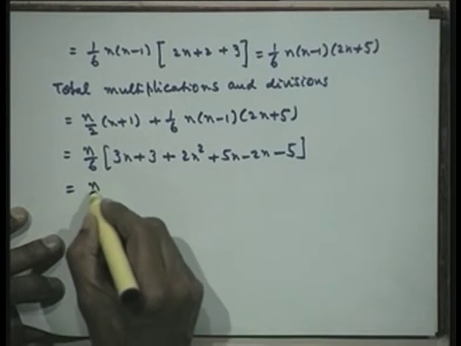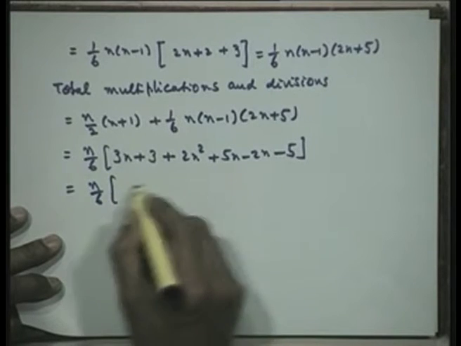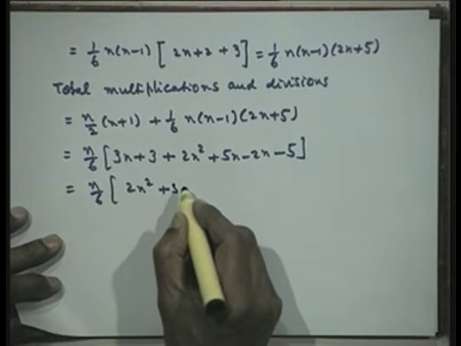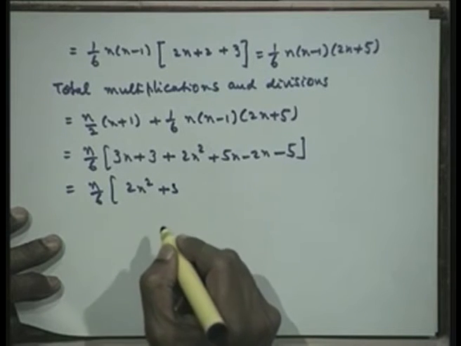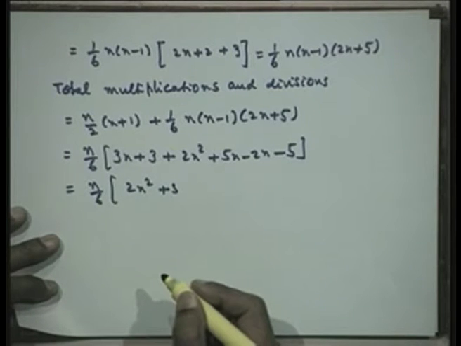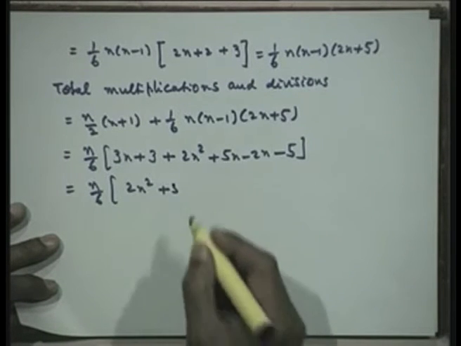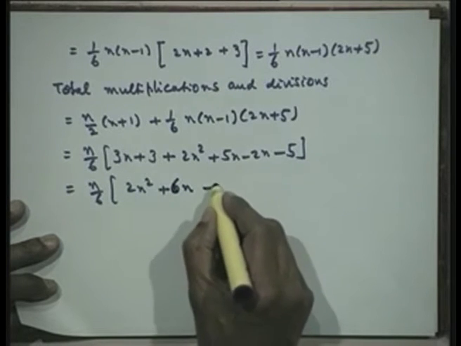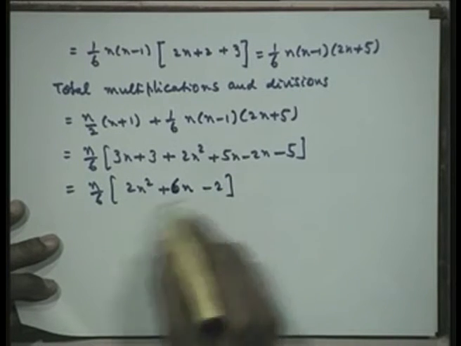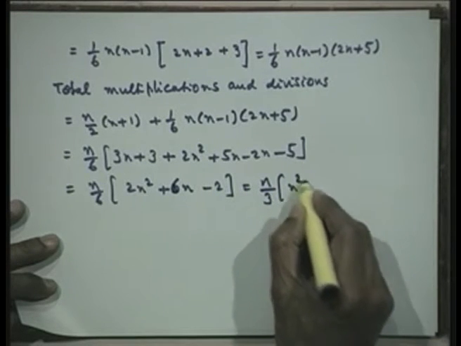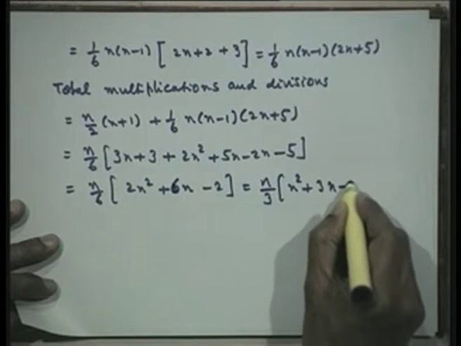So, that is n by 6, that is equal to 2 n square plus 6 n minus 2, and we can remove a 2 from here and write this as n by 3 into n square plus 3 n minus 1.